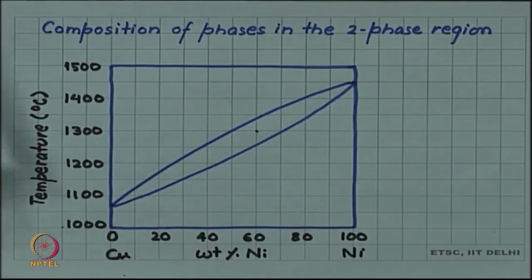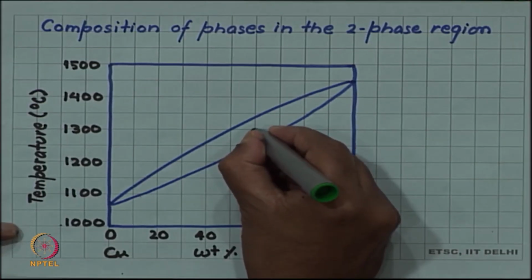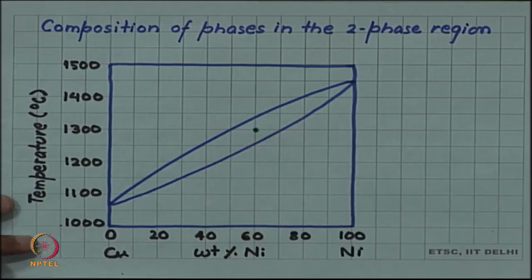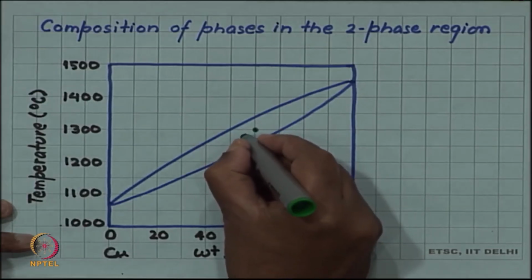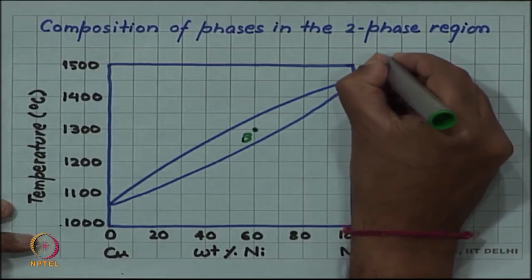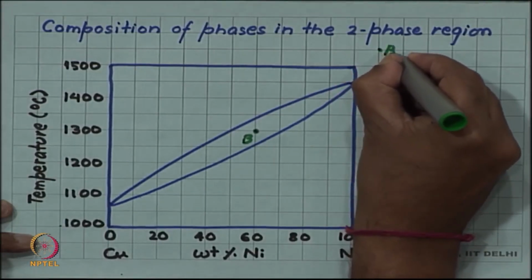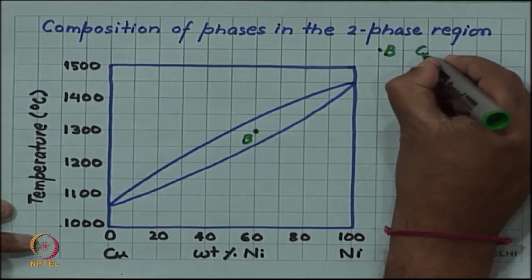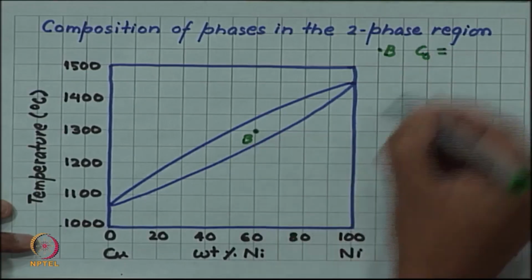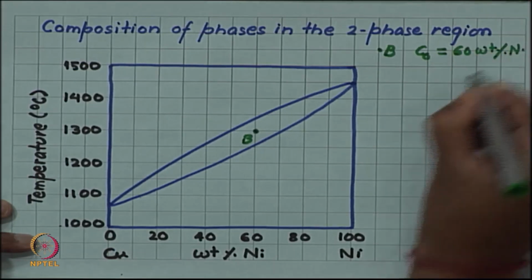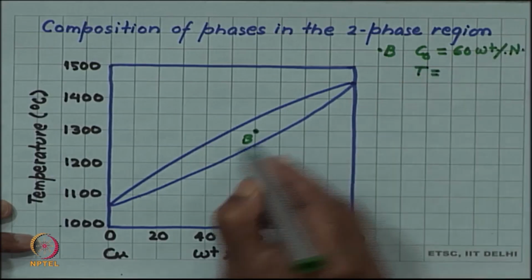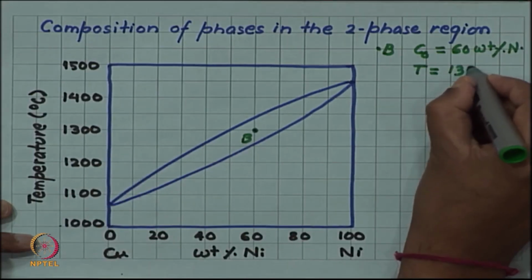The situation becomes interesting if you are having the alloy in the two phase region. So, if you have, let us say, an alloy point there. Now let me call that point B. The alloy composition is 60 weight percent nickel, read on the x axis, and the temperature on the y axis is 1300 degrees Celsius.